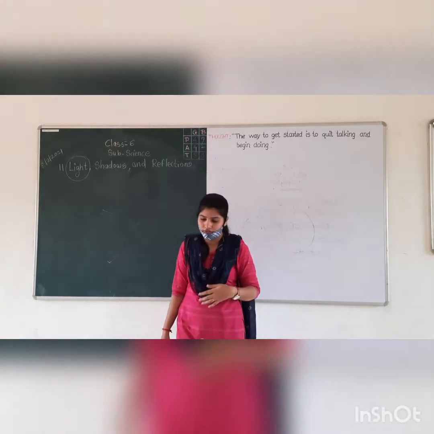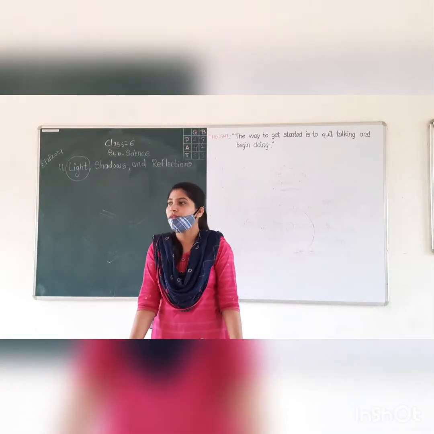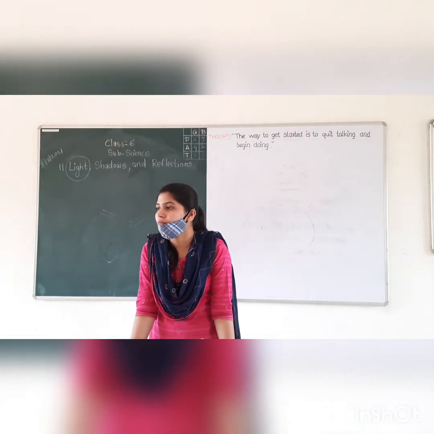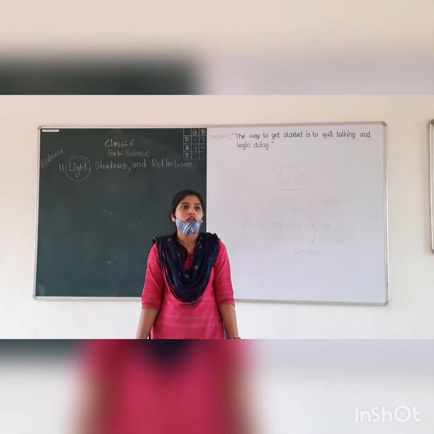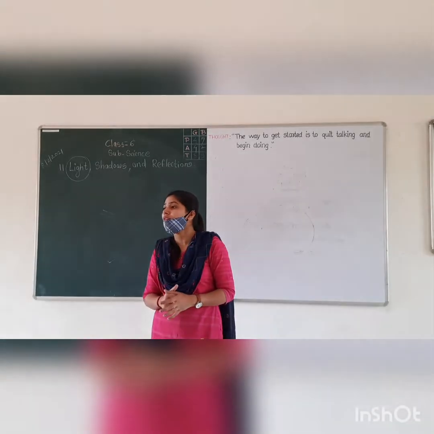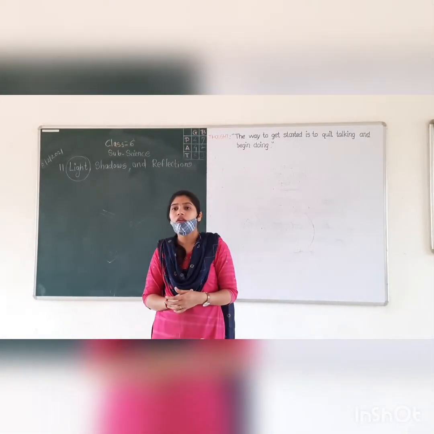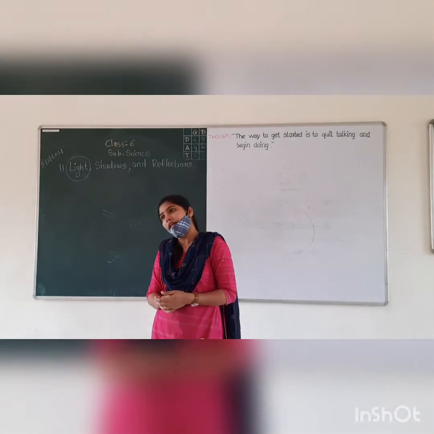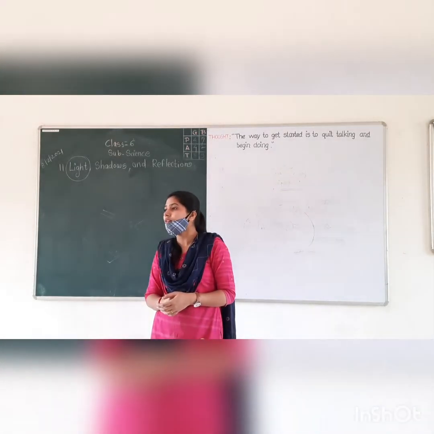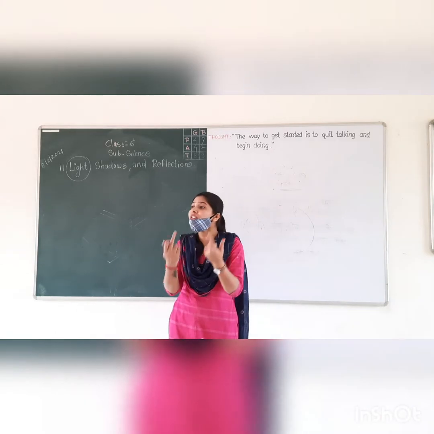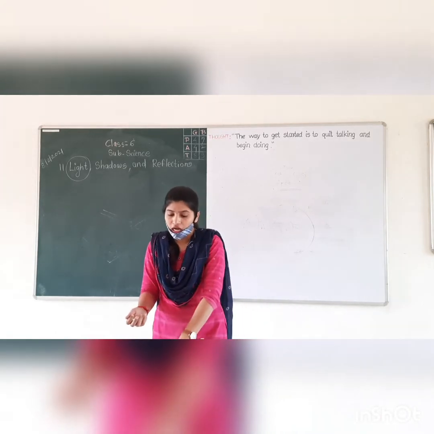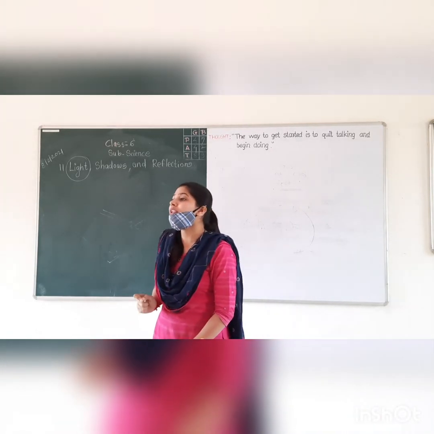Tanishka? Bulb. Tube light. Table light. Lamp. Torch. Candle. Flash. So all these things which give us light are known as luminous objects.